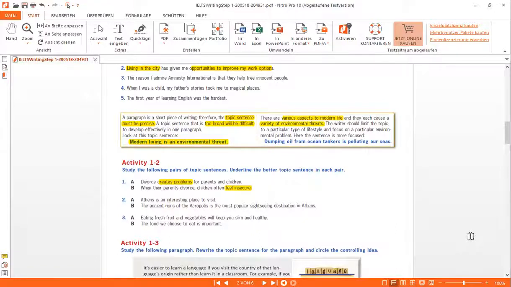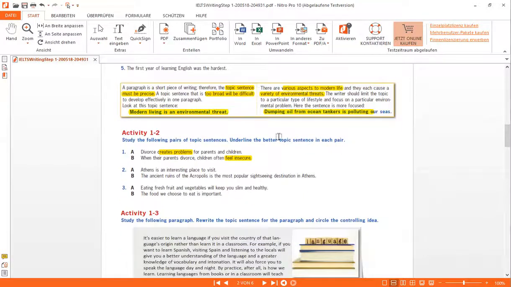And then you go on to explain and give reasons to support your argument. Then your second paragraph in a typical discussion essay will be something like this, okay? So limit broad topic sentences to the introduction. When it comes to the main body paragraphs, your topic sentence should be relatively narrower.